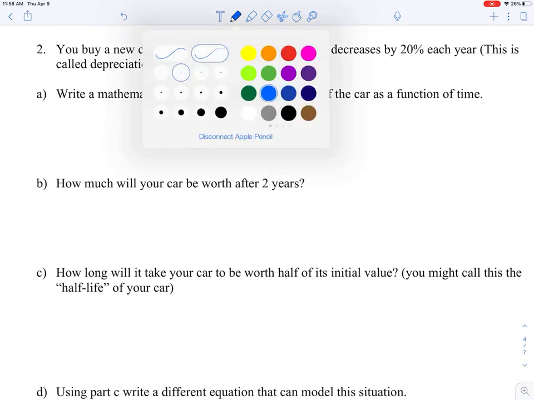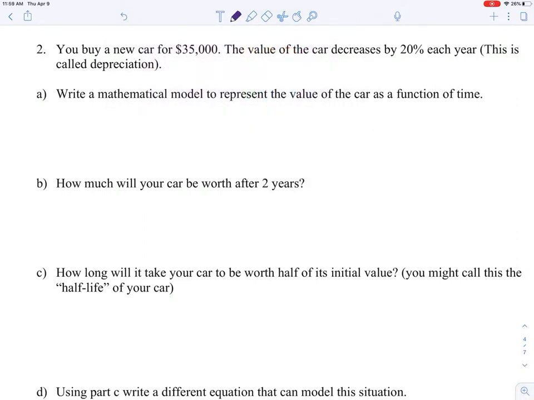Okay, so let's look at our next example. So let's say you buy a new car for $35,000. The value of the car decreases by 20% each year. This is called depreciation. So our model, let's use C to represent the value of the car.